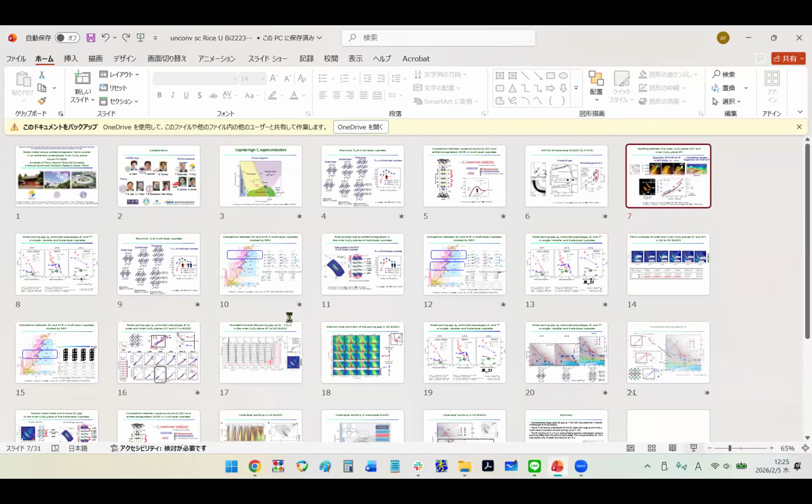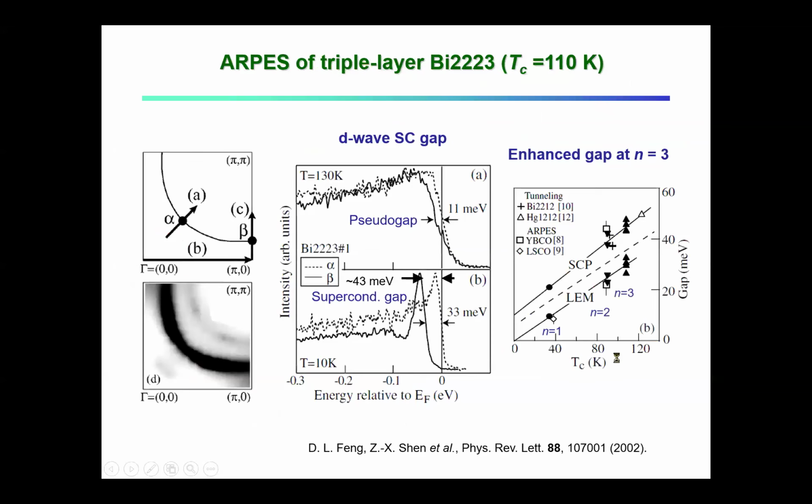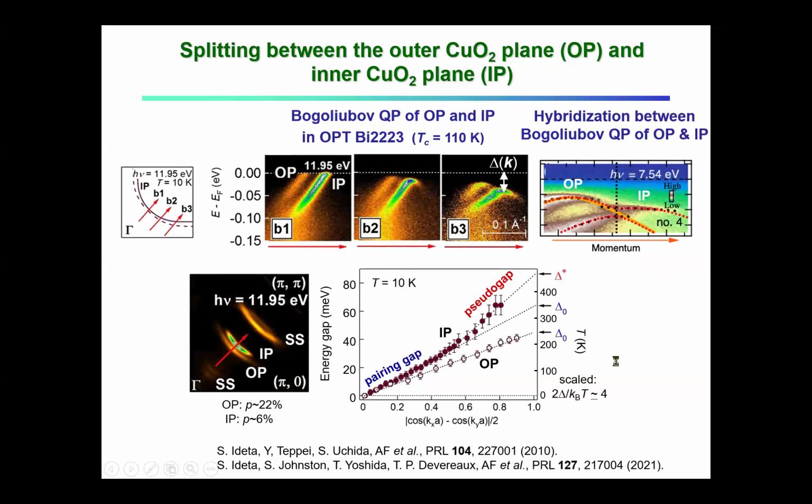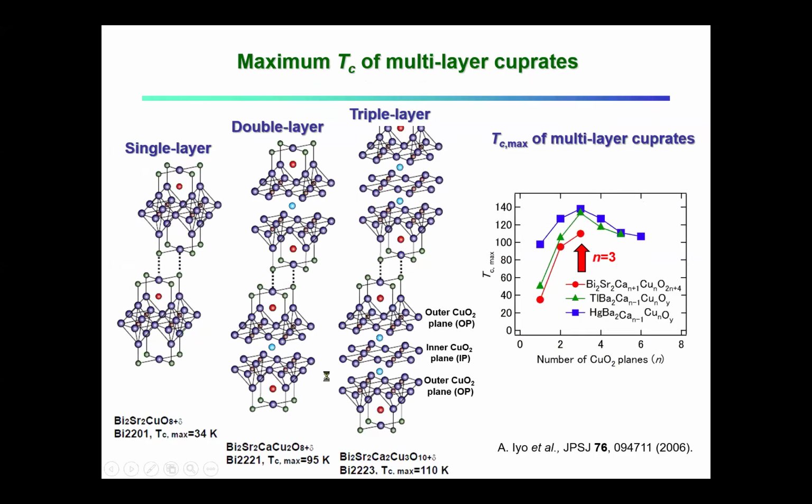In triple layer we have maybe, and in double layer only one kind of plane, but there is a bonding, anti-bonding splitting.